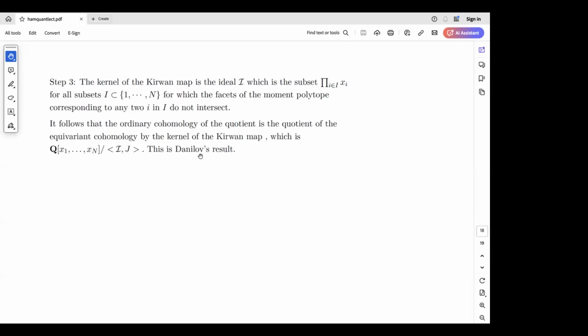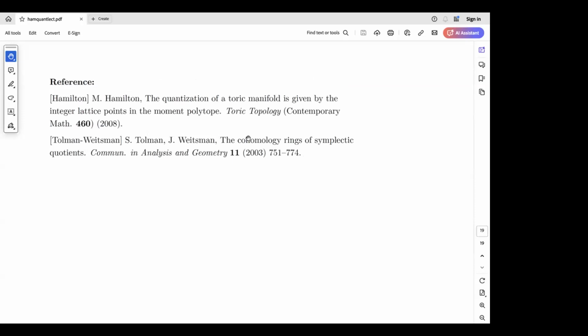So this is Danilov's result as interpreted by Tolman and Weitzman. The references for this are Mark Hamilton's paper.